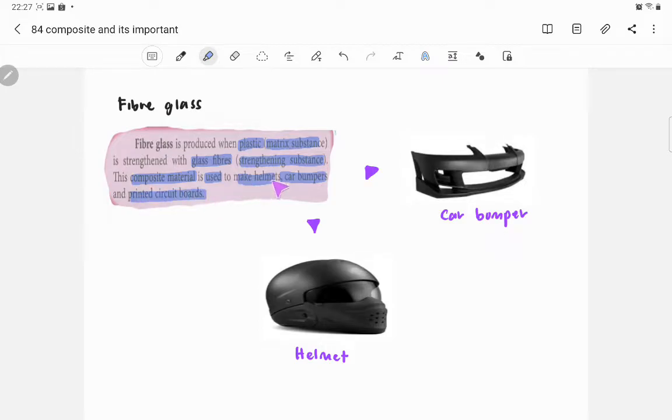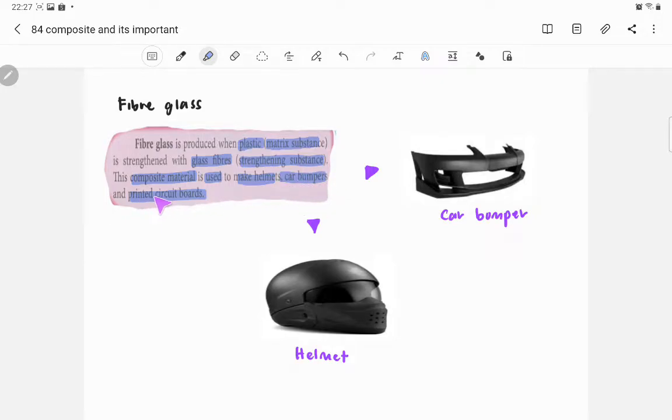Obviously everyone knows helmets. When you want to ride a motorcycle, you need to wear the helmet first because safety is first. And the car bumper, everyone knows what a car bumper is.